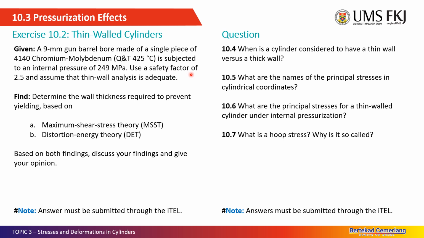Use a safety factor of 2.5 and assume that thin wall analysis is adequate. You need to determine the wall thickness required to prevent yielding based on the maximum shear stress theory (MSST) and the distortion energy theory (DET). Based on both findings, discuss your findings and give your opinion.